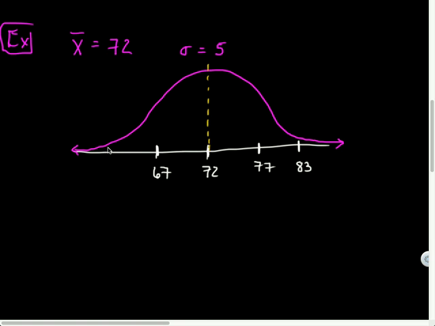And then 2 standard deviations below the mean? 62. Am I wrong in 83? I am wrong in 83. Yeah, that's 82. Good catch. Actually, scribble. There we go. 2 normal 2s and then a curvy 2.